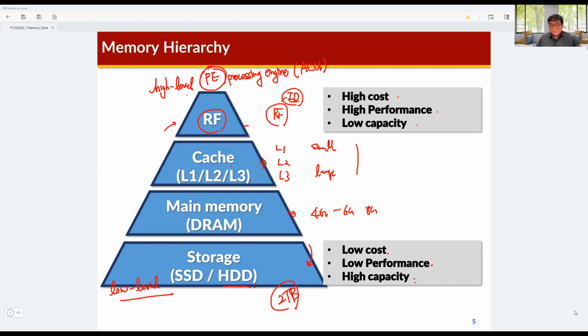Why? Why do we use high cost, high performance, and low capacity memories in the higher level of the memory hierarchy, and why do we use low cost, low performance, and high capacity memory in the low level of the hierarchy? Why?